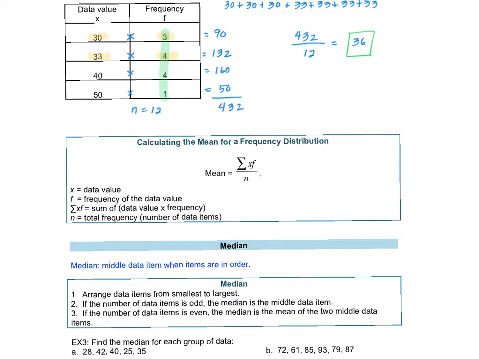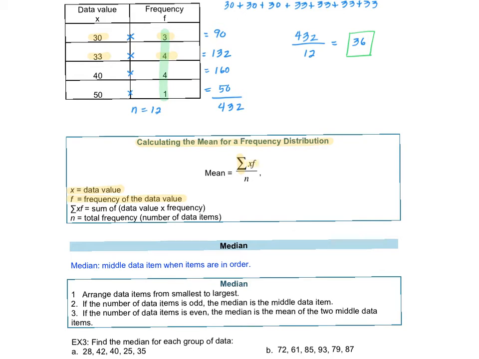This brings us to the next formula we have that would probably show up inside your MyLab or your textbook. And that's calculating the mean if you already have a frequency distribution, if you already have a table. So remember this sigma notation, that just means sum. So we're going to sum or add. Here x is our data value, but f is the frequency.